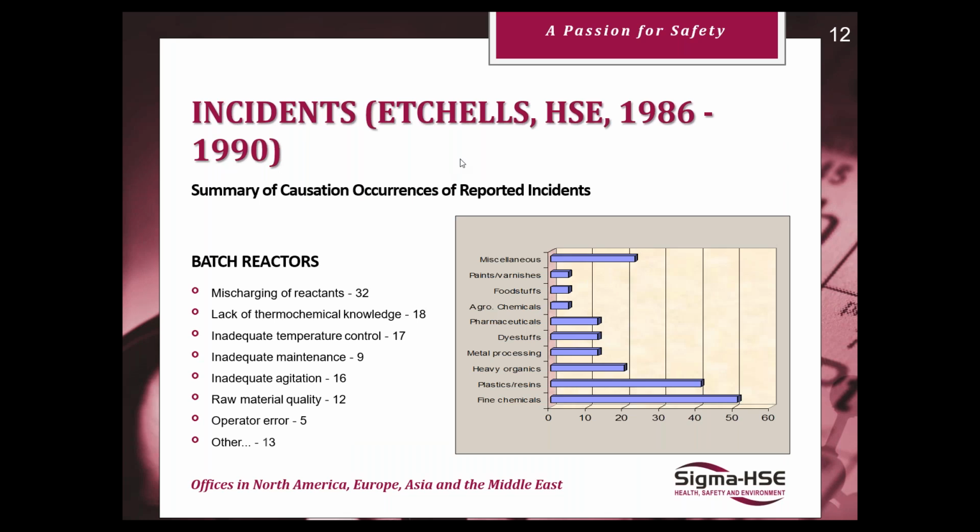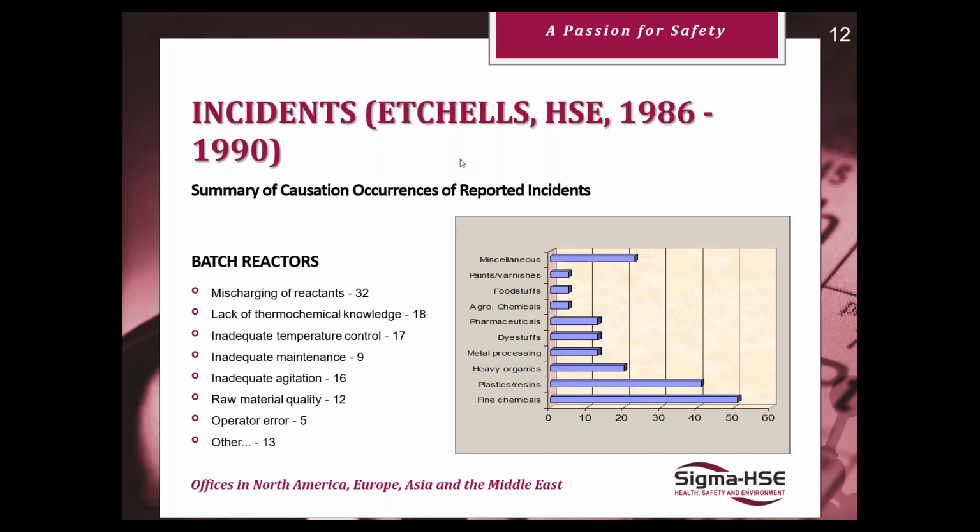Those past slides were telling us about some of the ways these incidents can get out of control, just to lay out the variety of different causes and scenarios in which these incidents can occur. There have been some different surveys over the years.